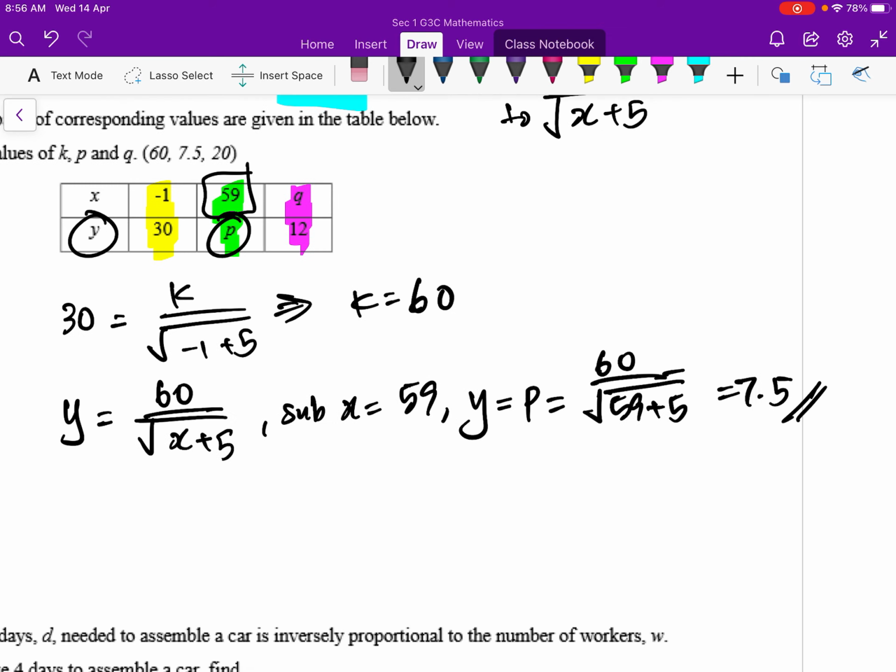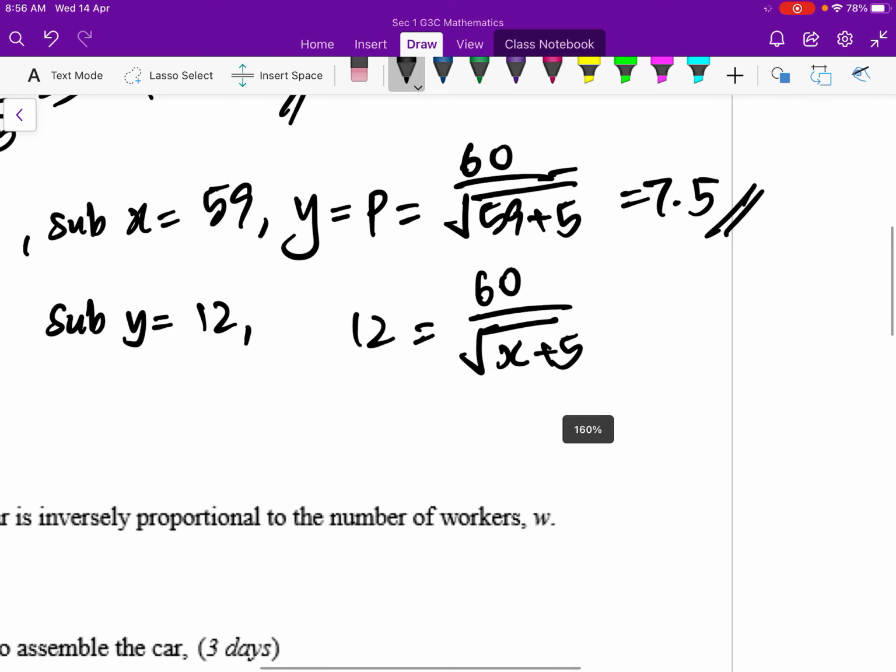That's the next one. And finally the value of Q. So sub y equals to 12. So our x value, which is Q, oh no, we cannot do it that way. So when we sub y equals to 12, we get 12 equals to 60 over square root x plus 5. So make x the subject.